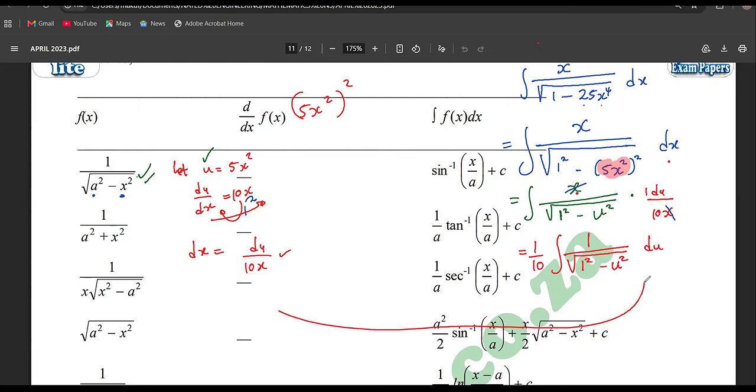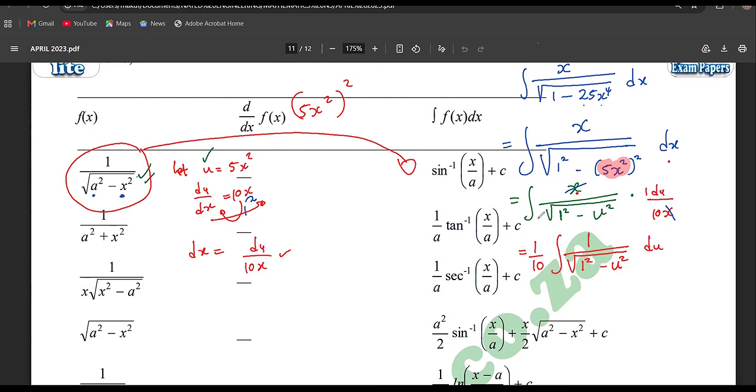Are we seeing this is exactly what we have here, where in order to integrate this, the answer is going to be arc sine. So our answer is 1 over 10 arc sine of what? What is representing our a? Our a is represented by 1, and our x is represented by u.